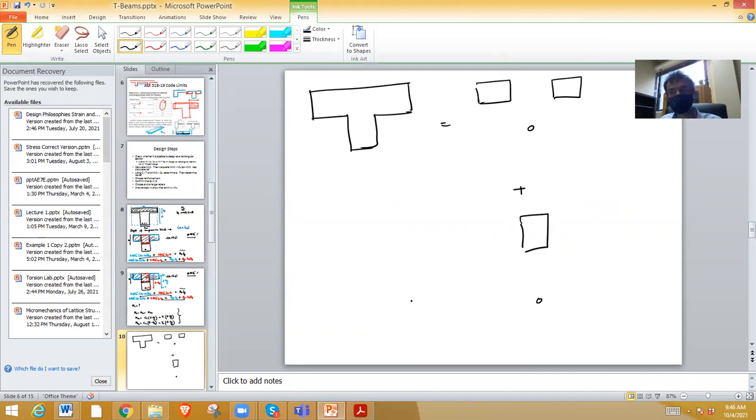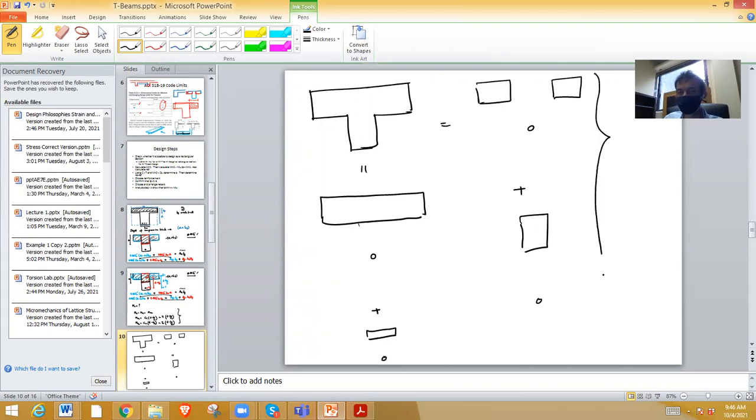Okay, this is not the only way to break it up. You can even do this is equal to only this part and some steel plus whatever is below, right? So this part, that's fine too. This will also work.